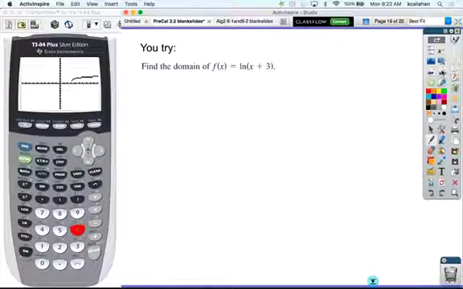Left 3. So what's the domain? So the domain would be x is greater than negative 3. Negative 3 to infinity.